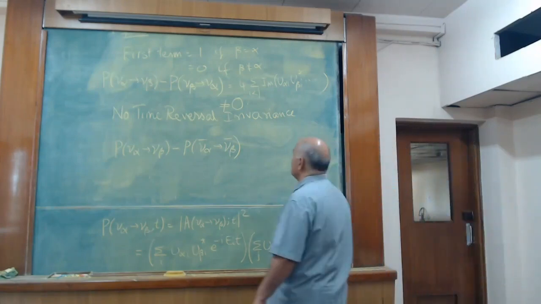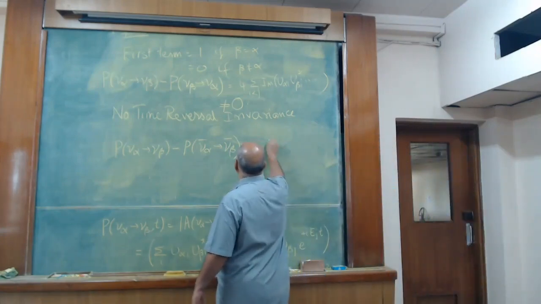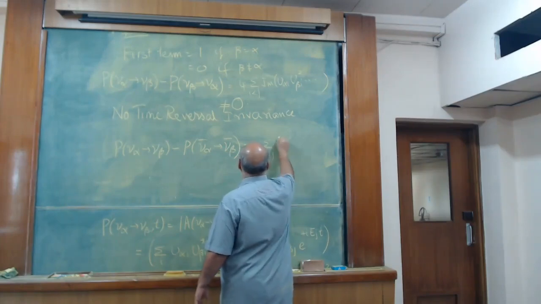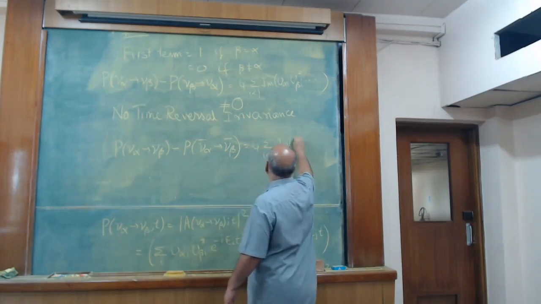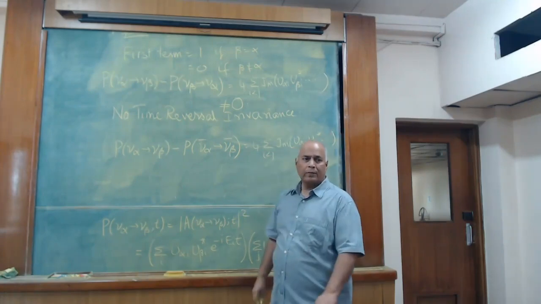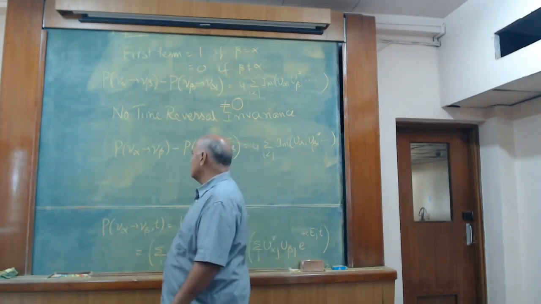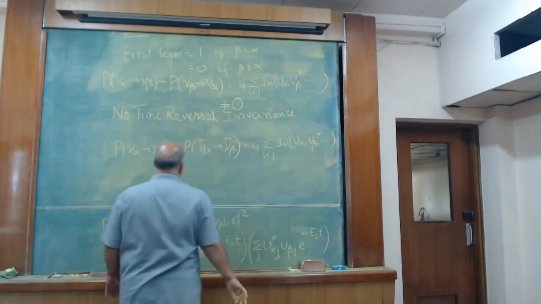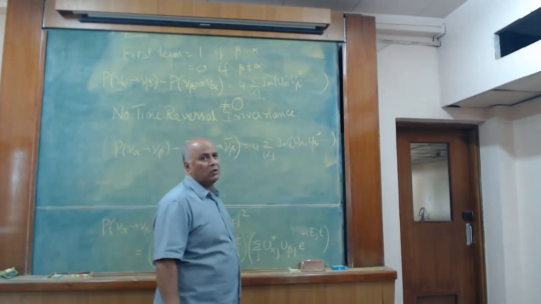So this is also 4 times imaginary u alpha i u beta i star. So this probability difference also is non-zero.